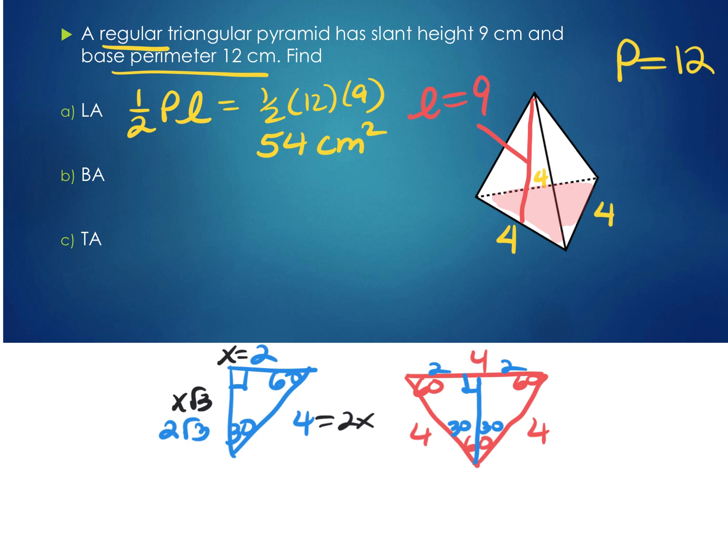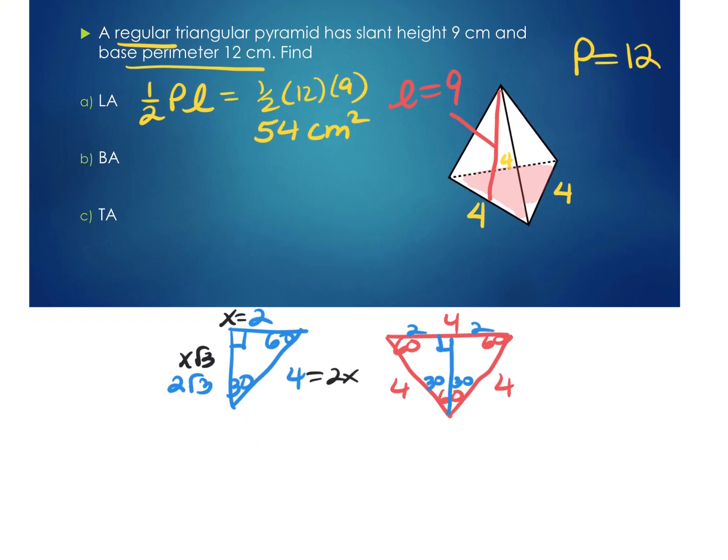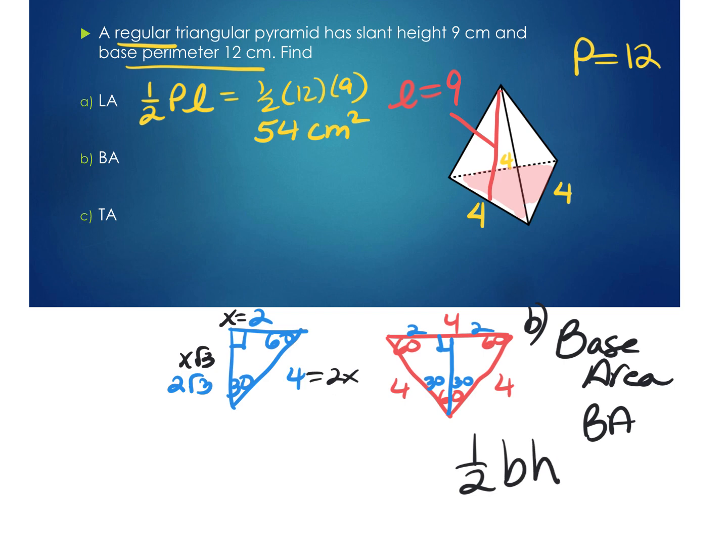So now to do the base area, part B, BA, I'm doing 1/2 base times height, because it's a triangle. So my base is 4, and my height, I just found it, 2 square root 3.